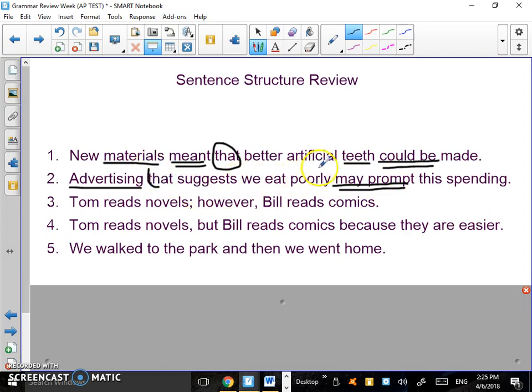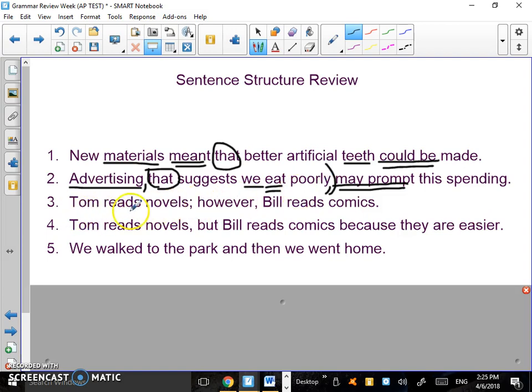This phrase, that suggests we eat poorly, can be separated by commas to keep you less confused, but advertising may prompt this spending is the independent clause. The that here is the connecting subordinating conjunction. Okay, so the idea that we eat would be the other one. So this one also is complex.